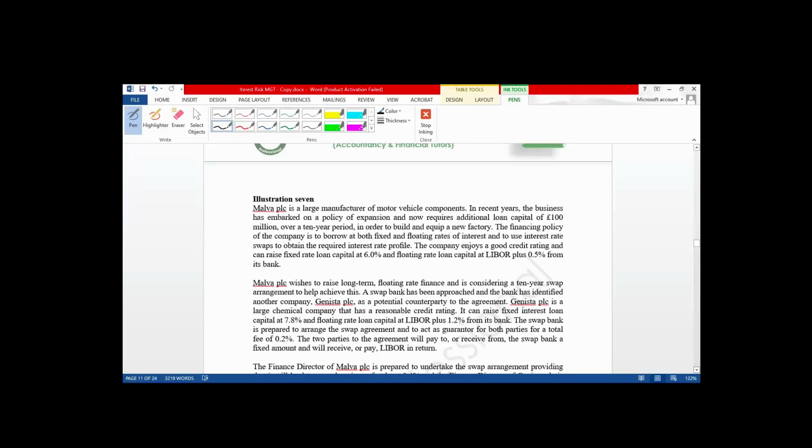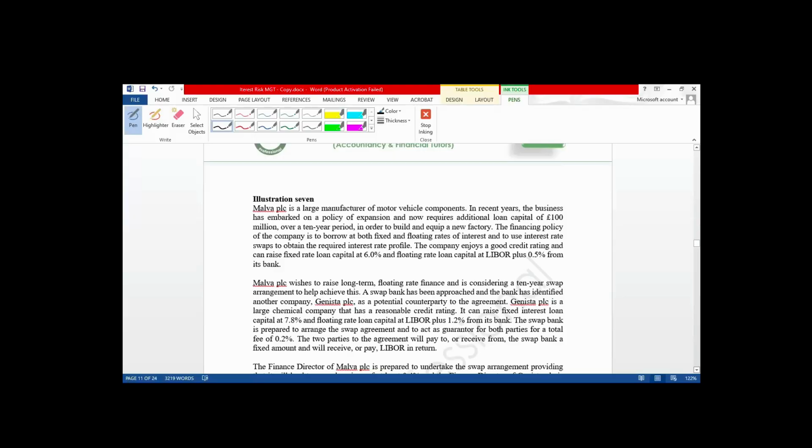In recent years, the company has embarked on a policy of expansion and now requires additional loan of £100 billion over a 10-year period in order to build and equip a new factory.